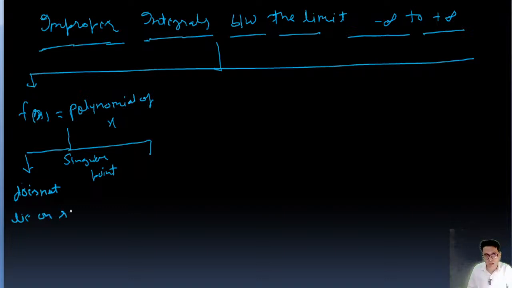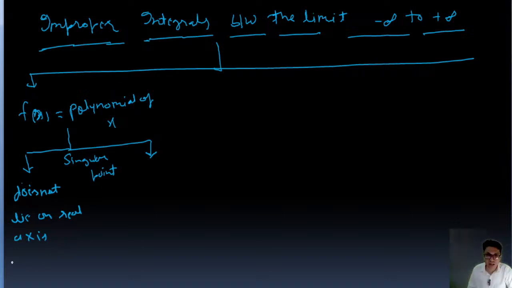So the function is a polynomial of x, and the singular point doesn't lie on the real axis, means it lies on the imaginary axis.